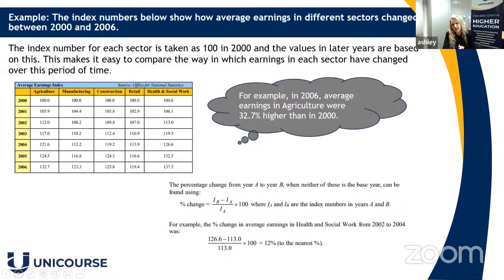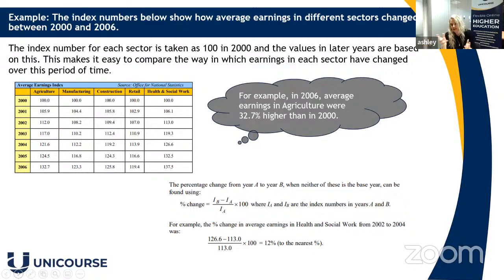An example here is based on the index numbers. This one is the average earnings in different sectors and how they've changed between the year 2000 and the year 2006. So the index number for each sector is taken as 100, so basically the base year is 2000, okay?